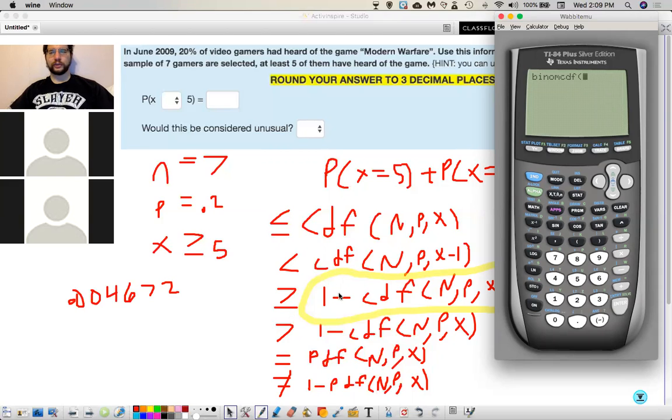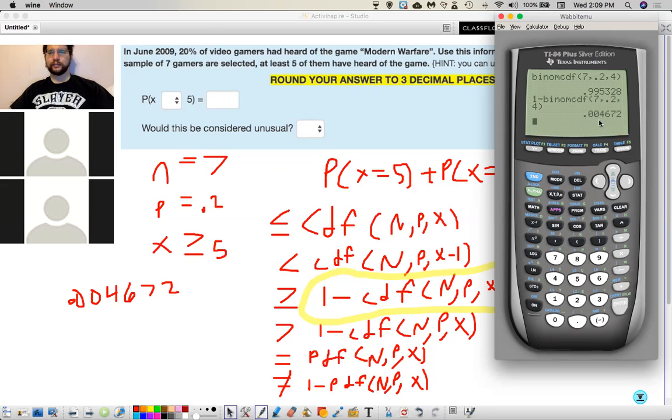Casios are a different order, but it tells you what you're dealing with. So N, comma, P, comma, X. And we need to do 1 minus that. So I could actually have done that here. I could have started with a 1 minus and then done that. And there it is. Same thing.